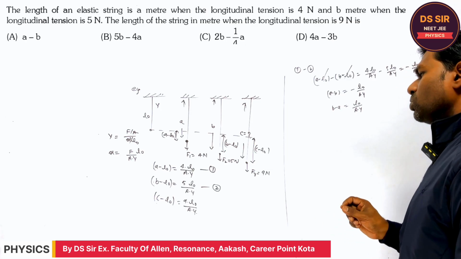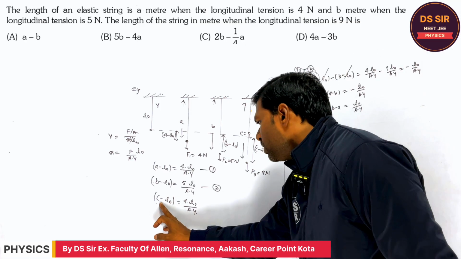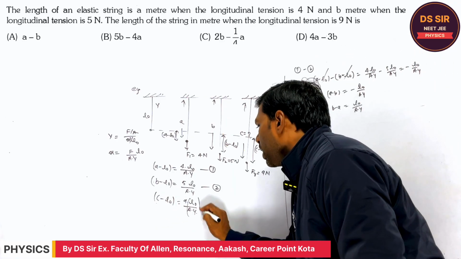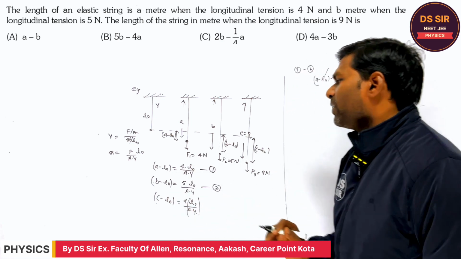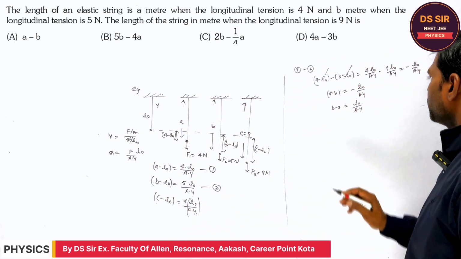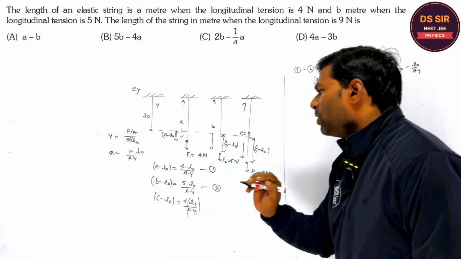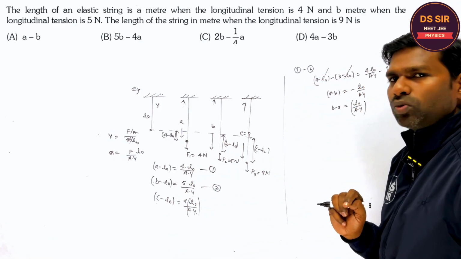And to find the value of C, we have to put the value of L0 upon AY and the value of L0 also. Only the value of L0 we have to find. So how do we do that? Listen.